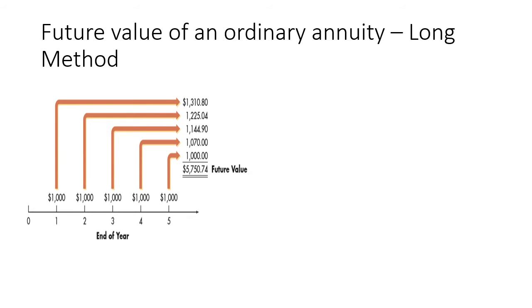Ahmed will deposit the first amount of 1,000 at the end of the first year, then 1,000 at the end of the second year, and so on till year 5.